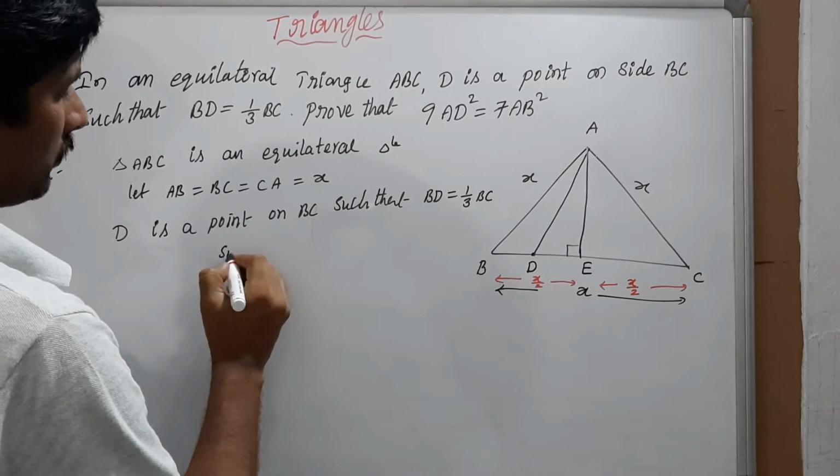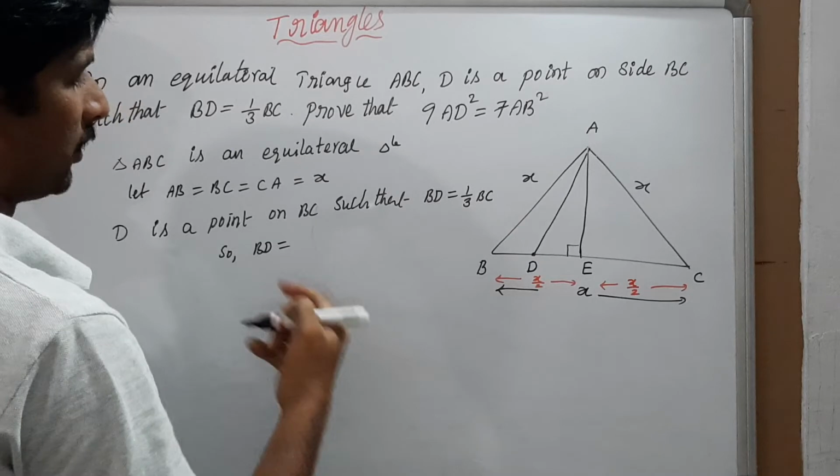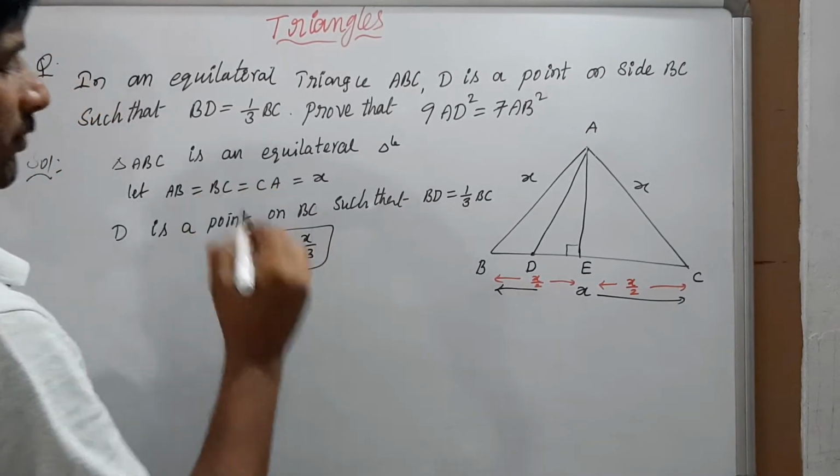So BD is equal to 1/3 into BC, where BC is equal to x. So BD equal to x by 3. This is the value of BD.